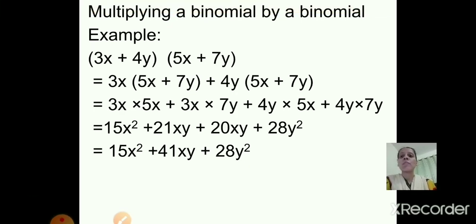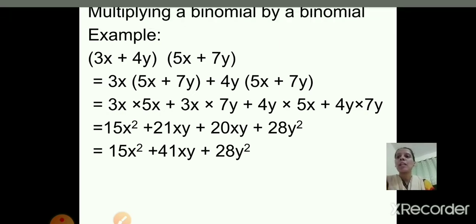Multiplying a binomial by a binomial expression. Now the third which we will see is multiplication of a binomial by a binomial expression. Here both the algebraic expressions are binomial, meaning the algebraic expressions which are having two terms are called binomial. So see the example.